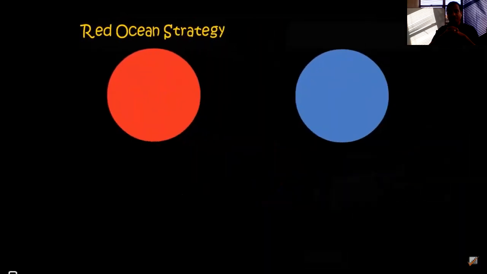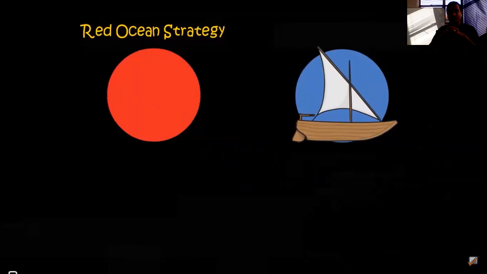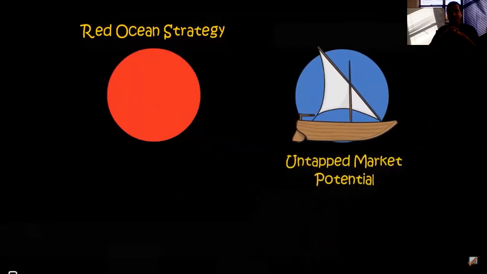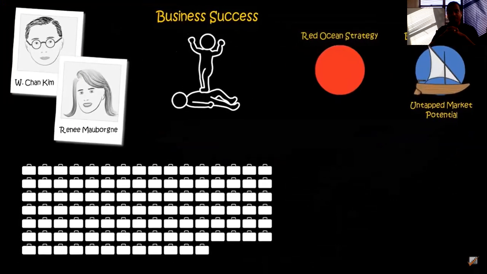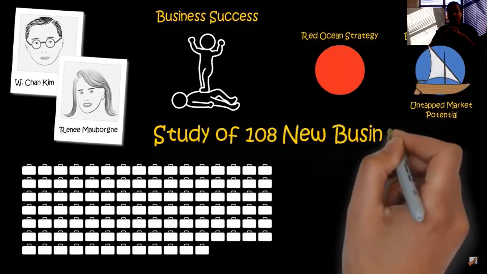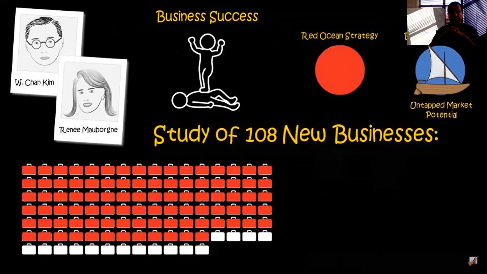If instead you focused on sailing past red oceans in search for blue waters of untapped market potential, you'd increase your chances of survival and profitability. When authors W. Chan Kim and Renee Maborn studied 108 new businesses across 30 different industries, 92 of those businesses adopted a red ocean strategy and aimed at outperforming the competition.